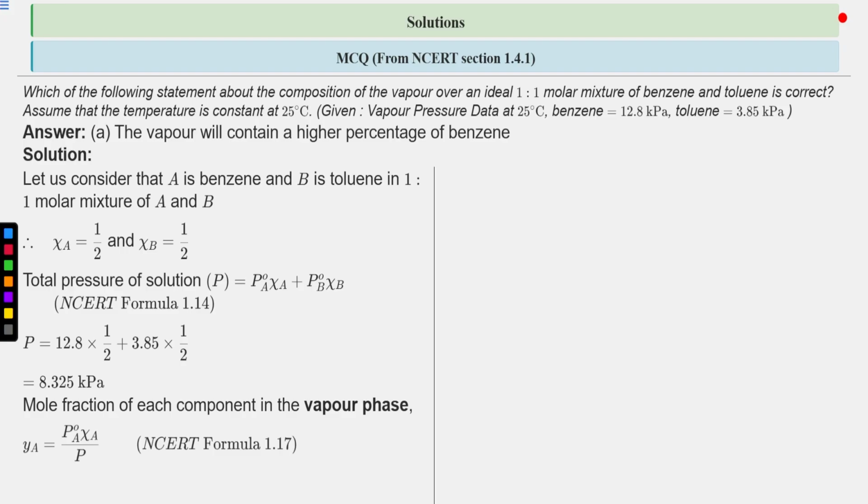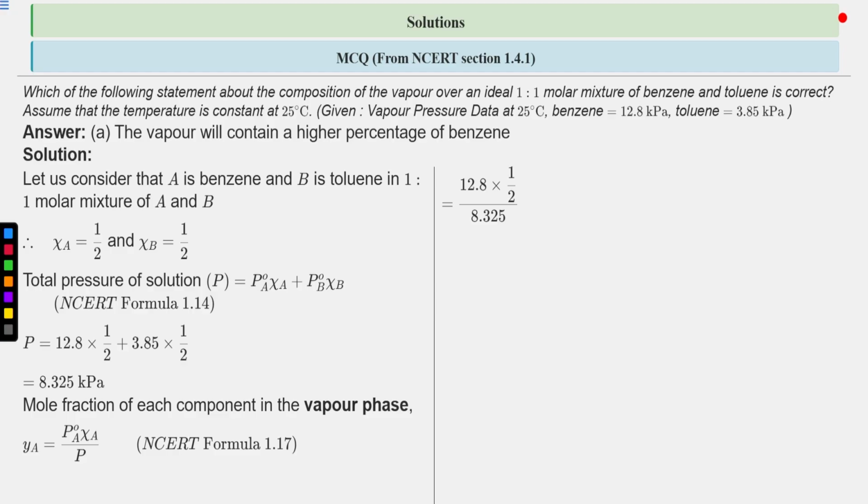So Y A, which is the mole fraction of A, that is benzene, will be equal to P naught A, the vapor pressure of pure A, times the mole fraction of A, divided by the total pressure of the solution. This is the NCERT formula marked as 1.17 in our textbook in the solutions chapter. Now we simply put in the values which we already derived or which were given in the question.